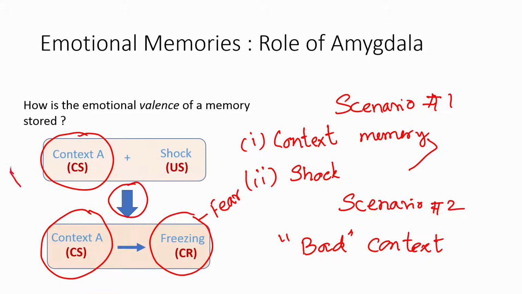Let us call this the representation of the context, right. There is a representational memory, a representation of the place or the things associated with the place other than the emotional quotient, which may be stored separately from the association itself, the context and shock linked together, that linking.